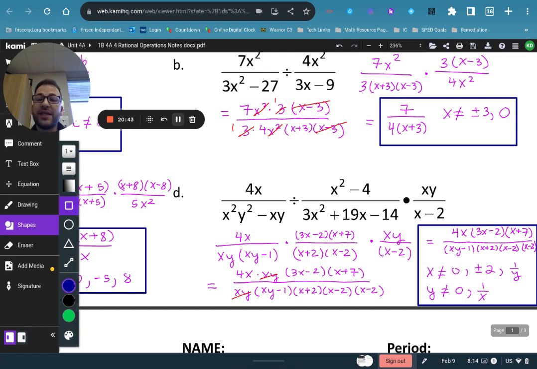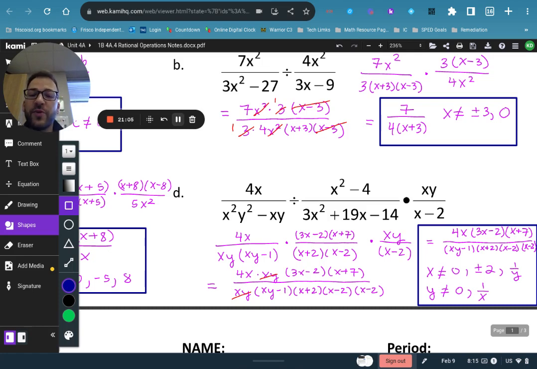And then the x and the y are going to give us that x can't be 0 and y can't be 0. We have an x minus 2 and an x plus 2, so that's going to give us that x cannot equal positive or negative 2. And then that xy minus 1, solving that one out, we do actually get xy minus 1 is equal to 0.